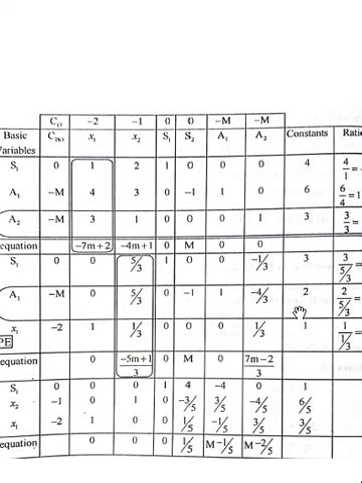Then in the next table, how we are going to write: divide the remaining parts of that particular row by the key element. The remaining parts are 3, 1, 0, 0, 0, 1, 3. All of them should be divided by 3. 3 by 3 means 1, 1 by 3, 0, 0, 0, 1 by 3. 3 divided by 3 means once again 1.